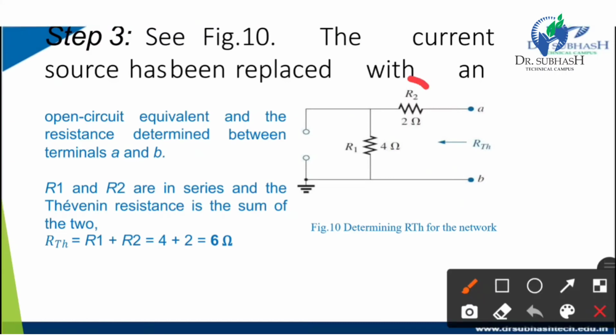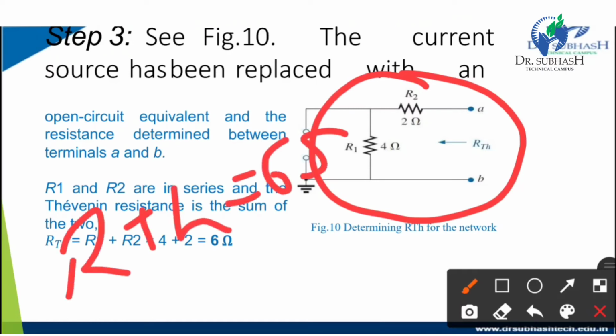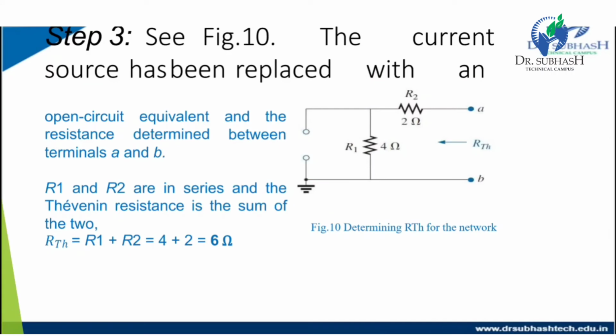So RTH equals R1 plus R2, where R1 equals 4 ohm and R2 equals 2 ohm. So RTH becomes 6 ohm, and step 3 is complete.